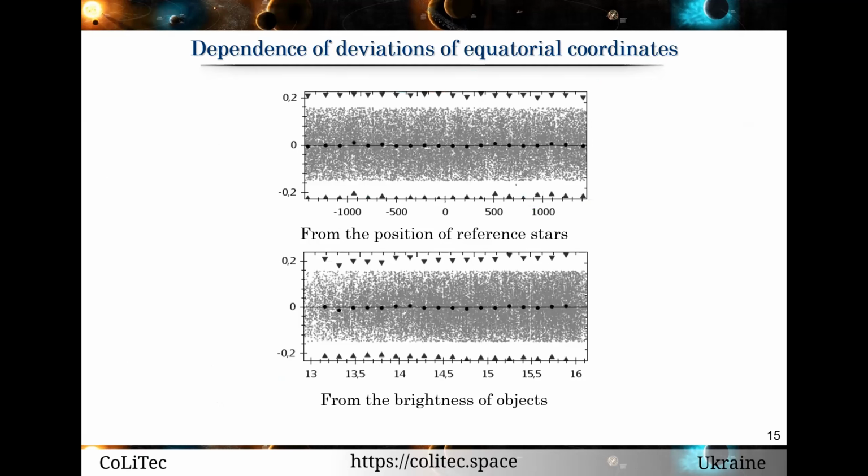On this slide, you can see the dependence of deviations of equatorial coordinates from the position of reference stars and from the brightness of object. Also, we calculated the different statistical indicators of the accuracy of reference stars measurements. They are average, root mean square, minimum and maximum deviations for both equatorial coordinates, R and D.